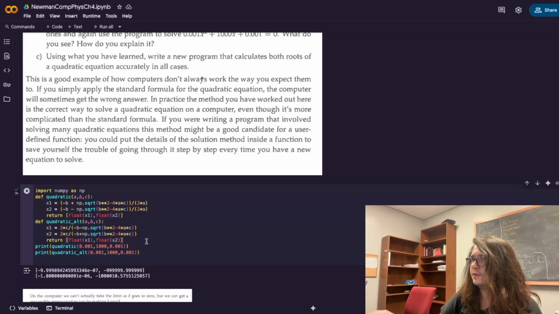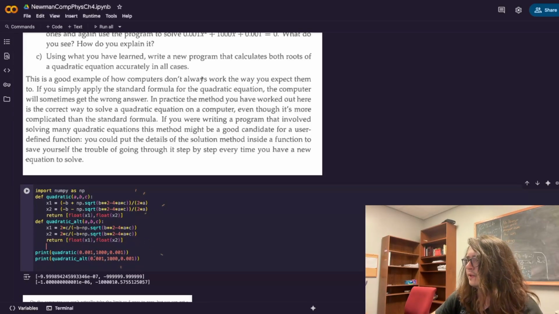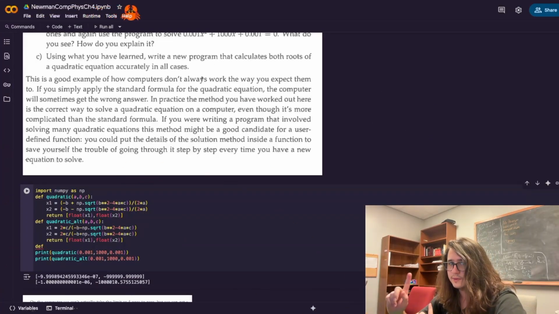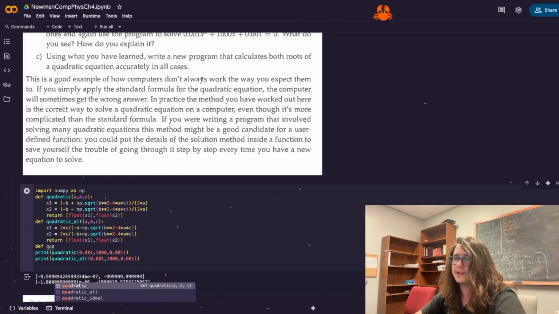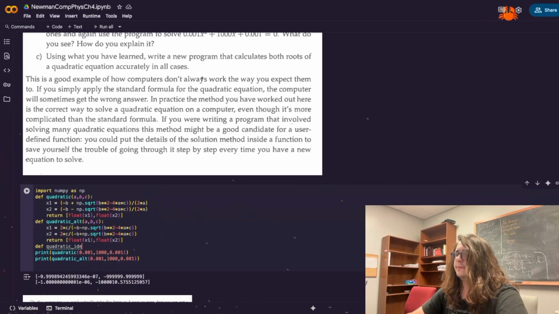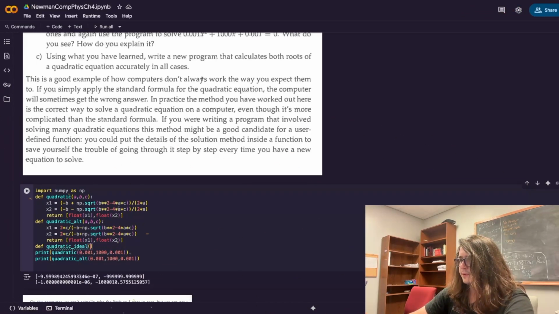So the solution to part C is a program that returns both roots but uses as little subtraction as possible to try and get the most accurate solution, right? So this is going to be called quadratic ideal, because it's going to give us the most accurate result, again taking arguments a, b, and c.